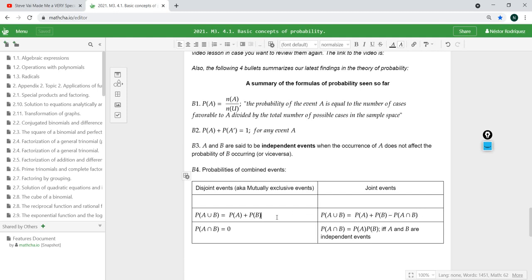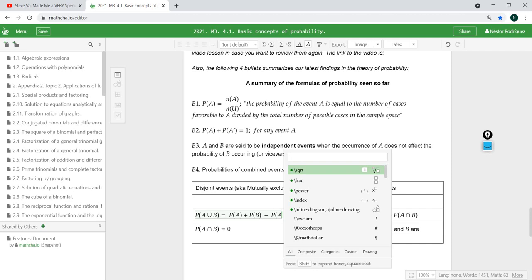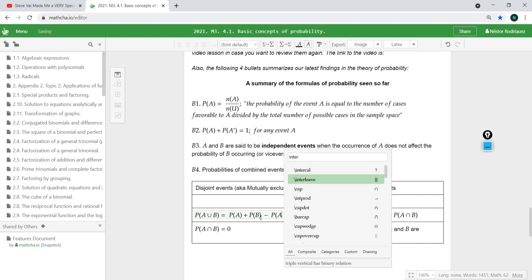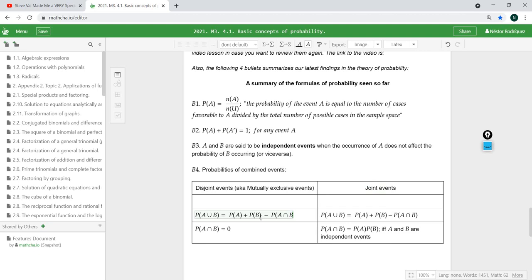These two formulas are pretty much the same, because if I'm telling you that for these disjoint events the probability of A and B is 0, then it wouldn't matter if I wrote the following here. That would not make any difference.